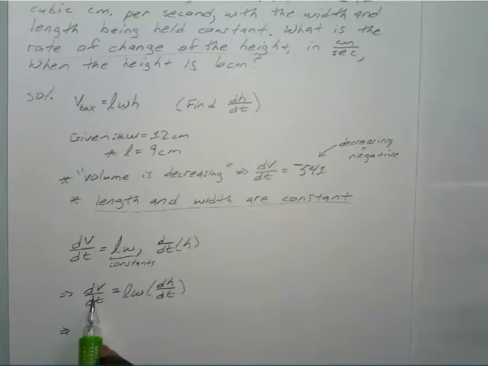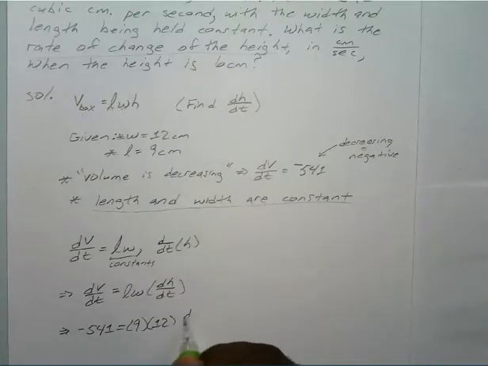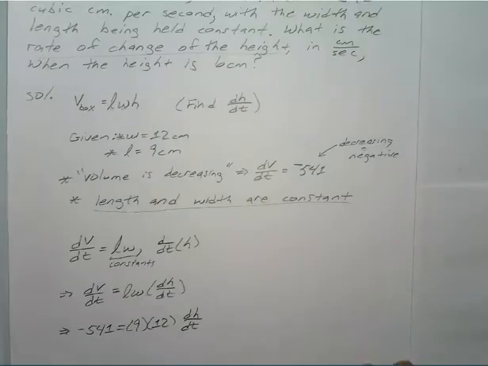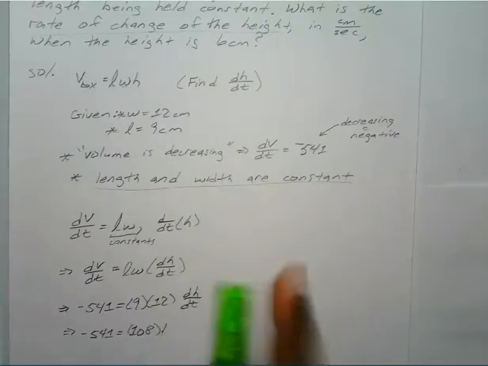Okay, your volume is decreasing, so that's negative 541 equals, your length is 9 and your width is 12. So you have 9 times 12 times your dH/dt. Okay, so if we go ahead and multiply those two, we have negative 541 is equal to 108 times the dH/dt.